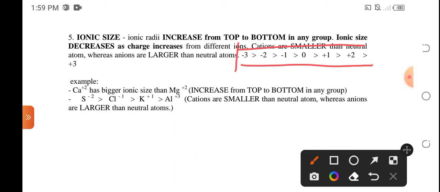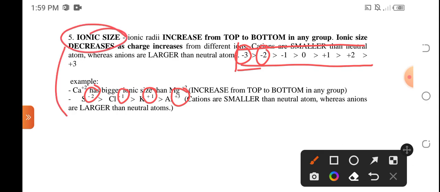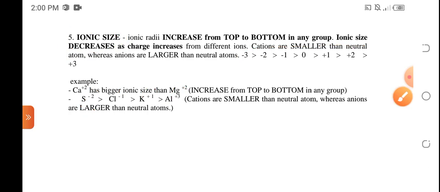Okay? Okay, so yung negative 3 ay bigger than negative 2. So negative 2 is bigger than negative 1. Negative 1 is bigger than positive 1. And positive 1 is bigger than positive 3. If we are only talking about ionic sizes. Okay? So yung charges na yan ang magdedetermine ng ionic size.